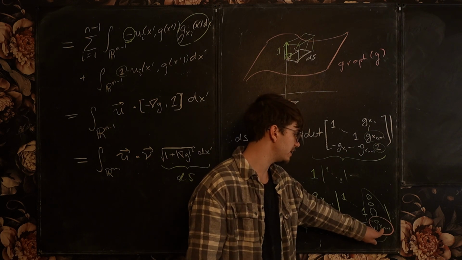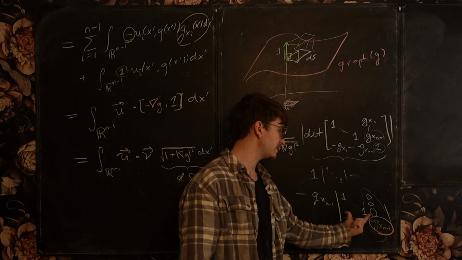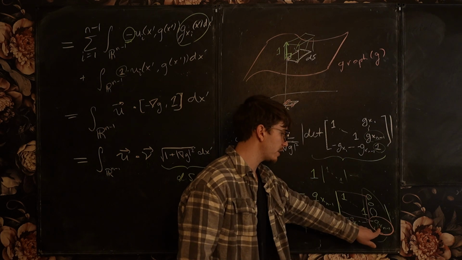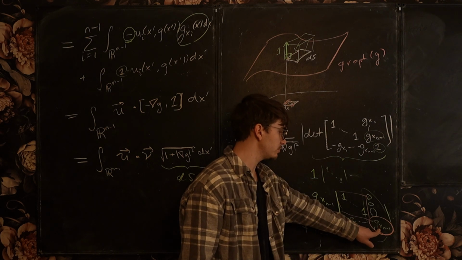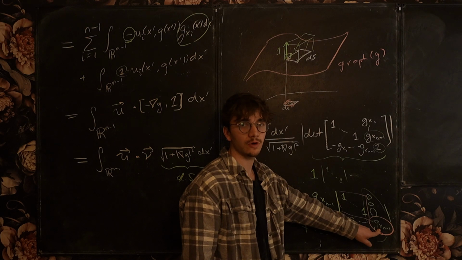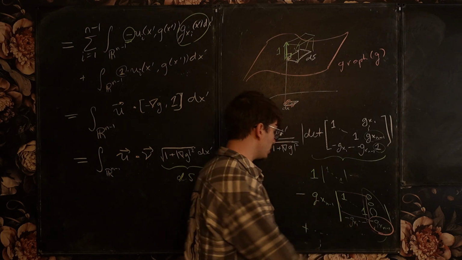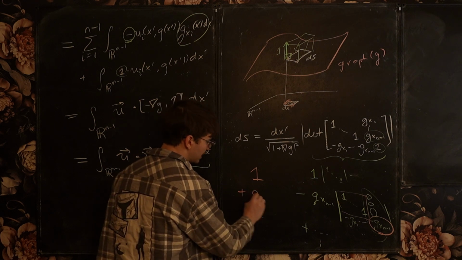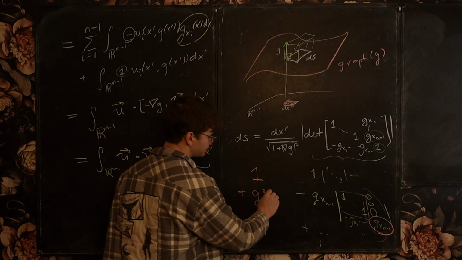So I can just go ahead and take this value multiplied by the determinant of this submatrix, which is just the identity matrix. So therefore, when I evaluate the determinant of this matrix, it's just equal to negative g x_{n-1}, okay? So I have negative g x_{n-1} times negative g x_{n-1}. This is plus g x_{n-1} squared.